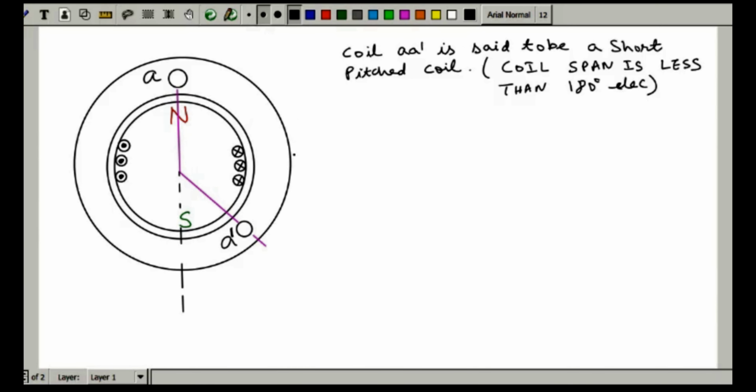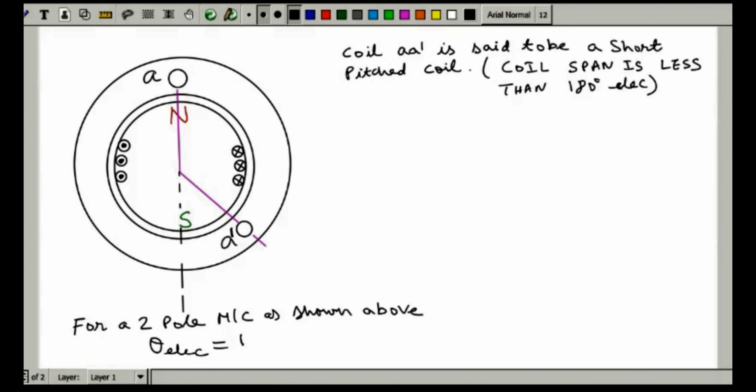Since it is a two-pole machine, as shown above, theta electrical and theta mechanical are the same, since we know that theta electrical equals P by 2 theta mechanical.